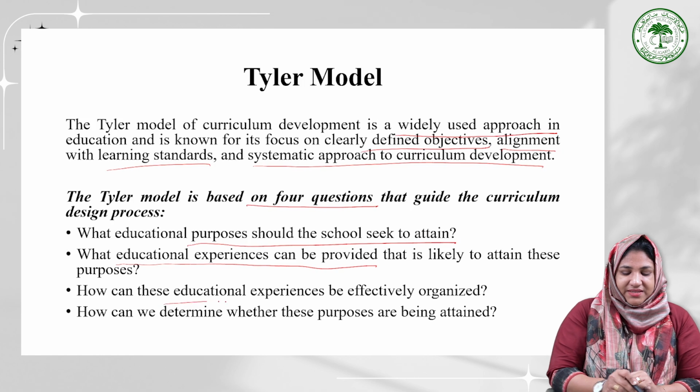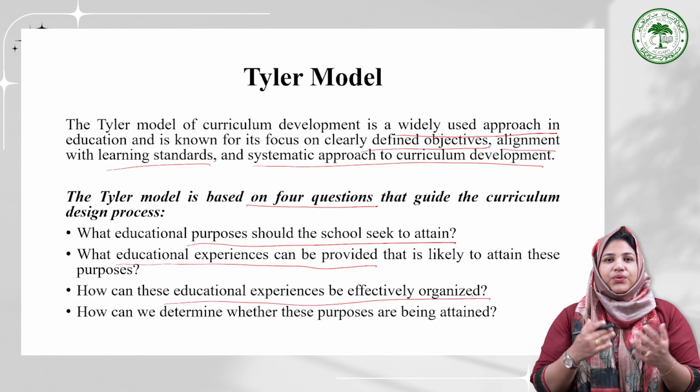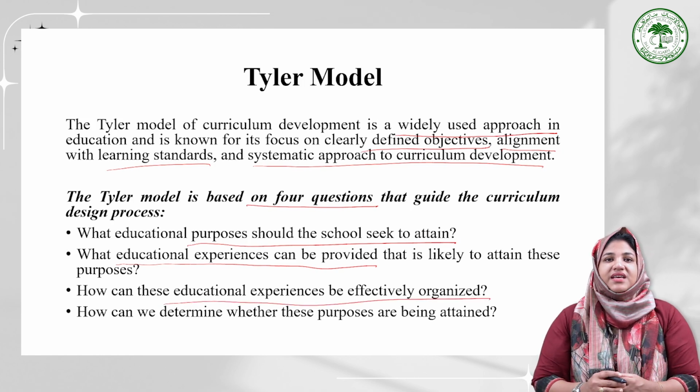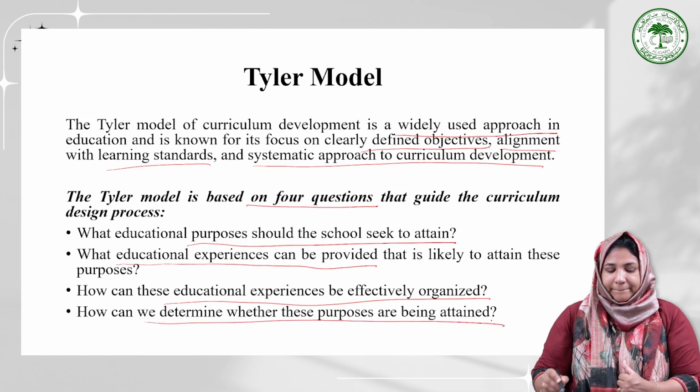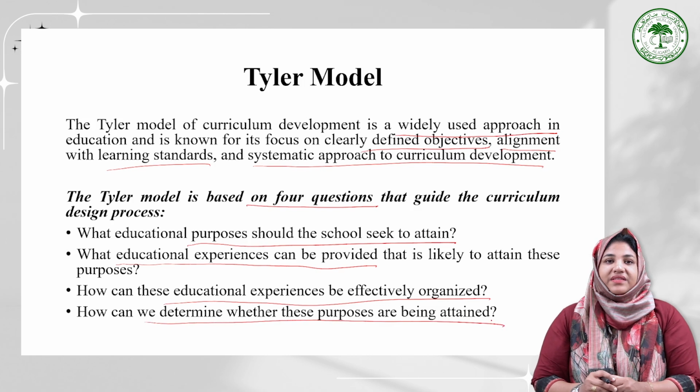And the third one is how are you going to organize these educational experiences? What are the maxims that you are going to follow while arranging these experiences in order to satisfy the objectives? And the fourth question is dealing with how we can determine whether these purposes are being attained or not.